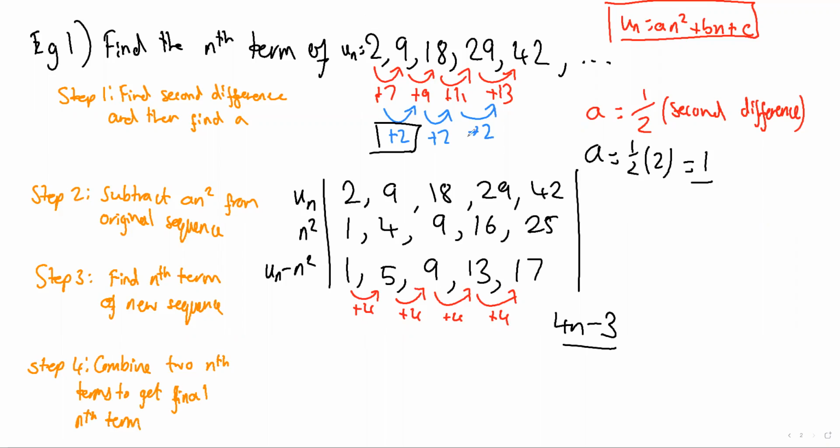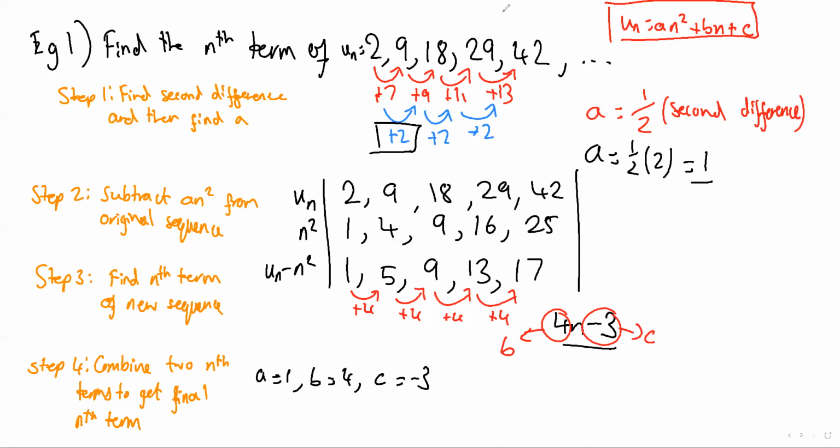What this means is we need to add our an squared. We already know what a is, right? And what actually happens is that these values here, this is our b, and this is our c. So we can combine all of that together: a is 1, b is 4, and c is minus 3.